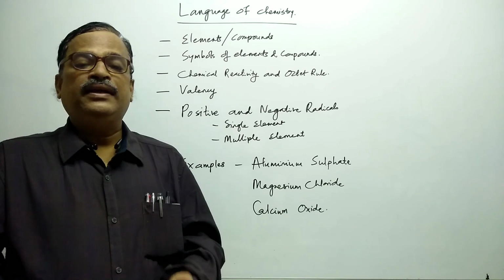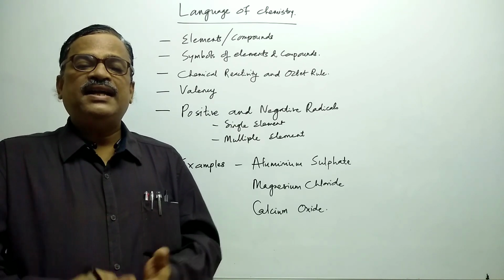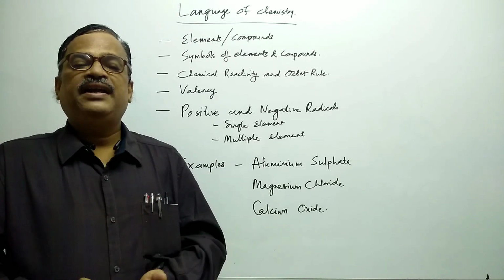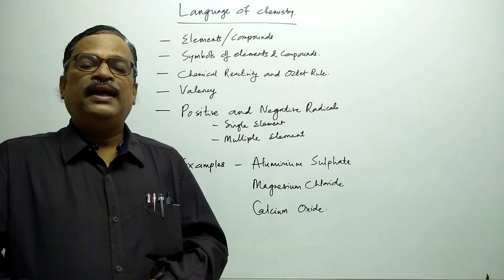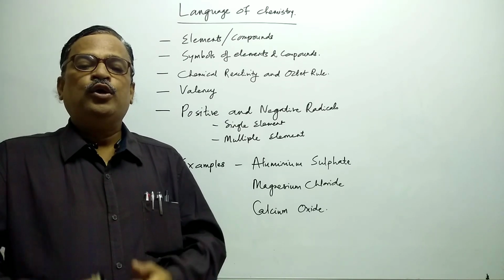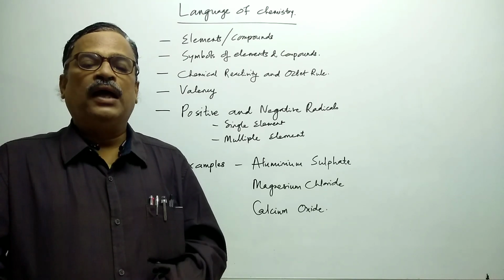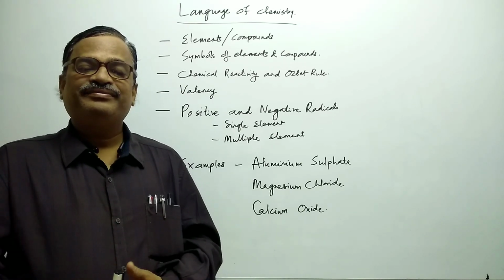They are chemically inert. They don't give any kind of reaction. The scientists tried to search for the reason for chemical reactivity and inertness, and they discovered that the elements which contain 2 or 8 electrons in the outermost shell of their atom are chemically inert. For example, noble gases.